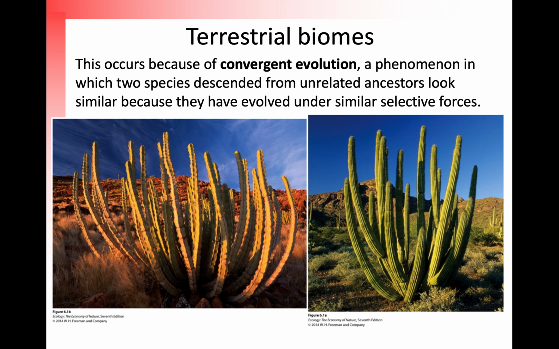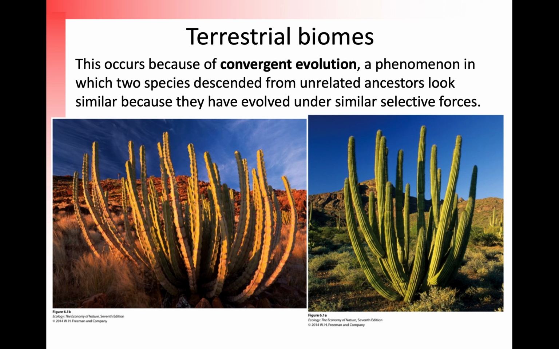might be similar. If you look at these two cacti, you would probably think that they were related, but in fact, they are completely unrelated. They have simply evolved the exact same, or at least extremely similar structures and forms because they've evolved in similar physical conditions.